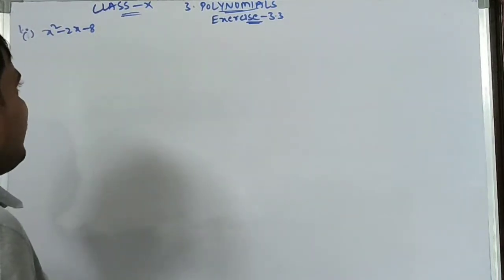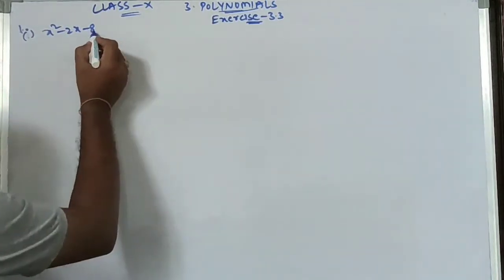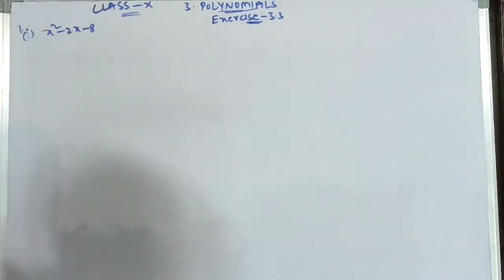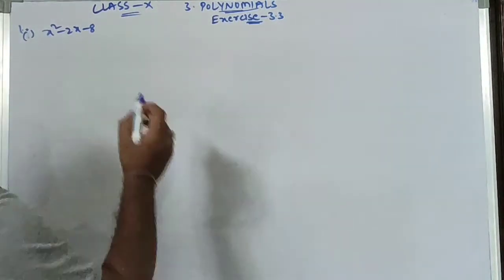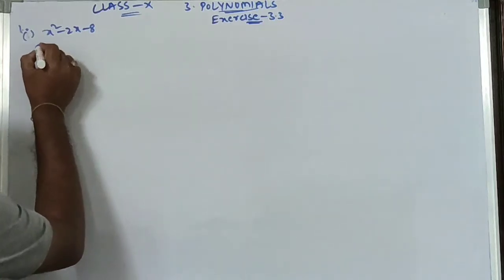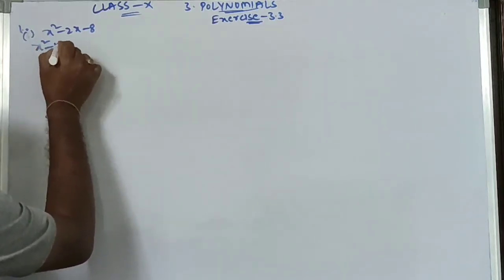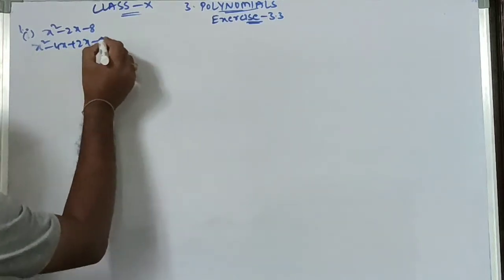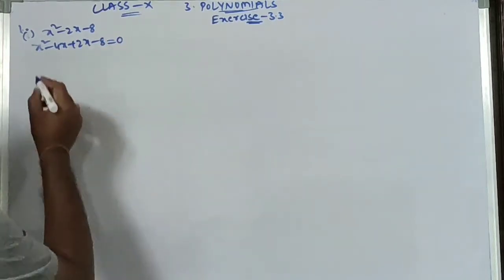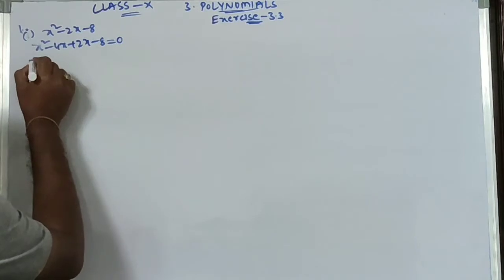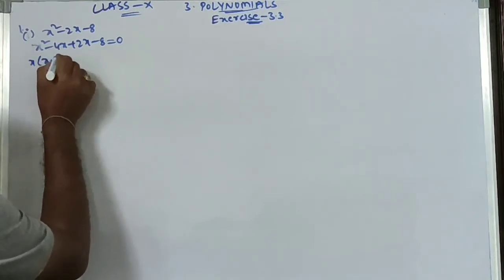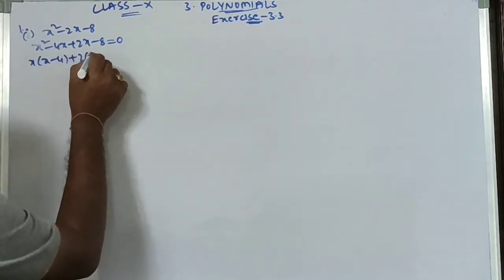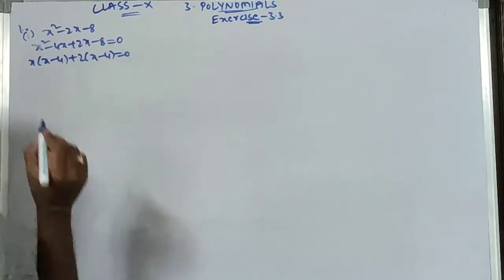So I want to factorize. 8 we can write as 4 into 2. 4 into 2 equal to 8, 4 minus 2 equal to 2. So x square minus 4x plus 2x minus 8. I want to make it equal to 0, then I will get zeros. x common, x minus 4, plus 2 common, x minus 4 equal to 0.